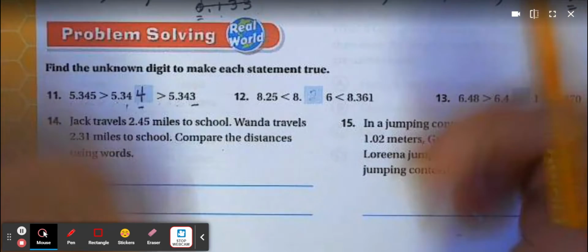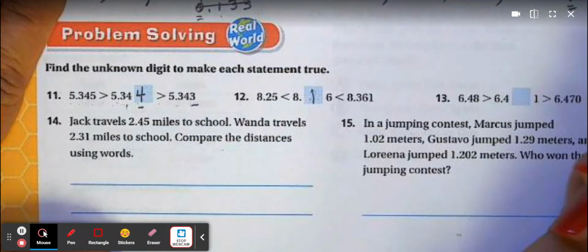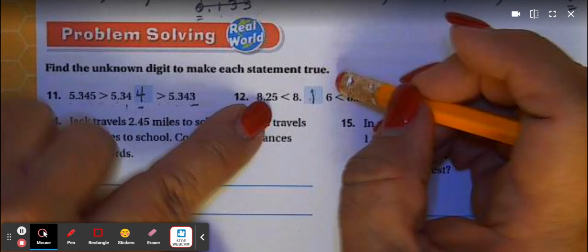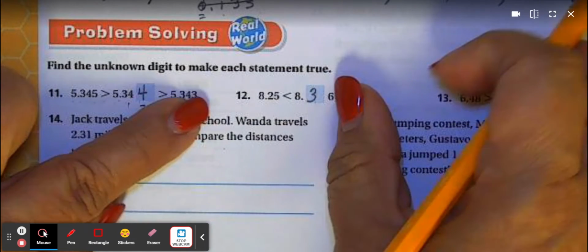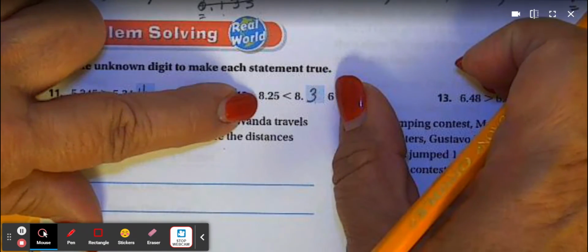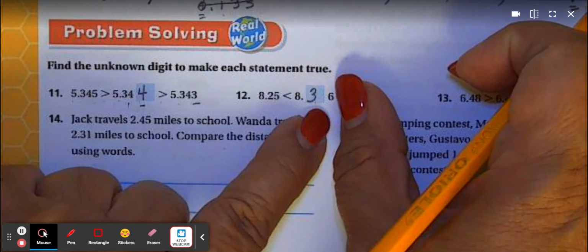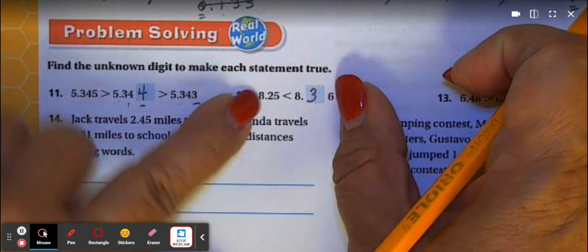So let's put a 16. Oh, it can't, because remember, this number's got to be bigger, so that makes it smaller. So let's move to our 3. Is 8 and 25 hundredths smaller than 8 and 36? Yes, it is.